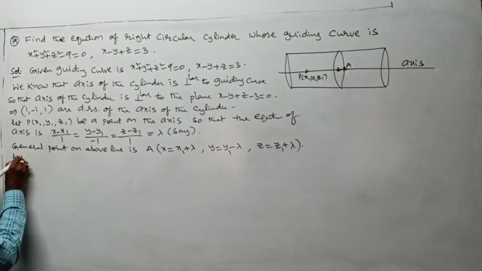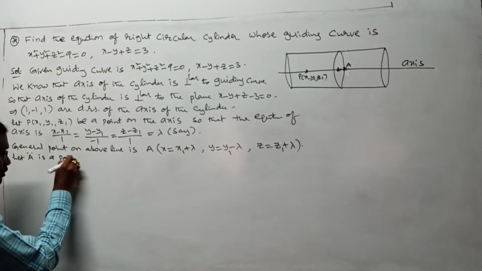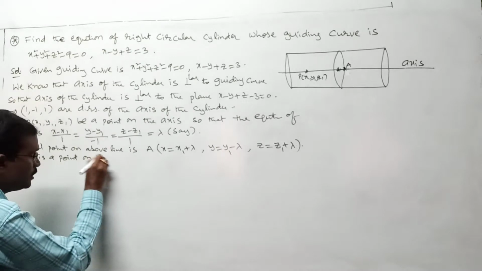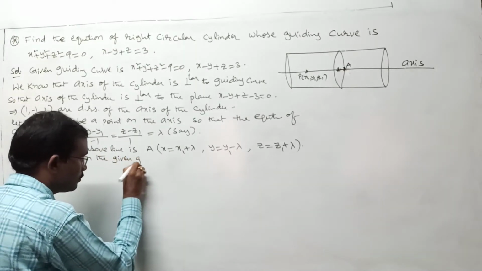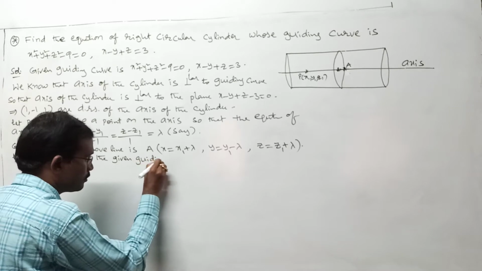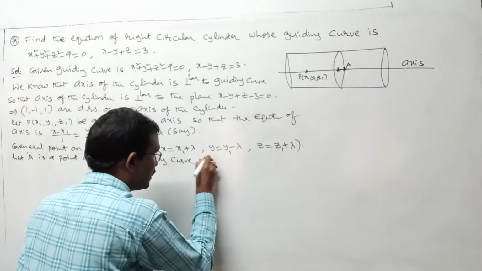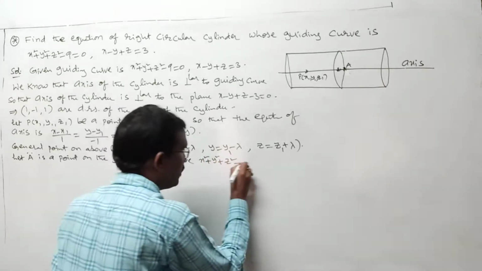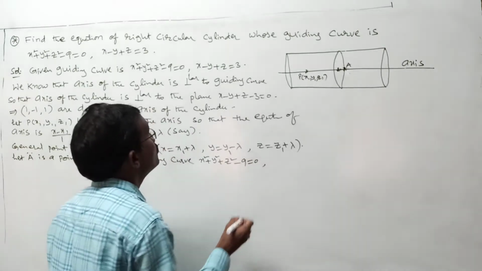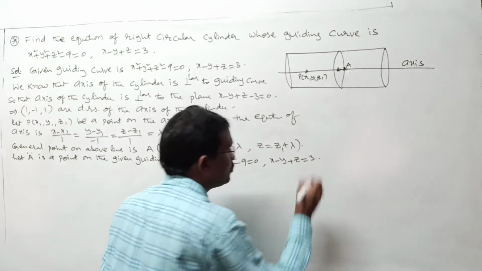Let capital A be a point on the given guiding curve, which is x square plus y square plus z square minus 9 equal to 0, comma x minus y plus z is equal to 3.